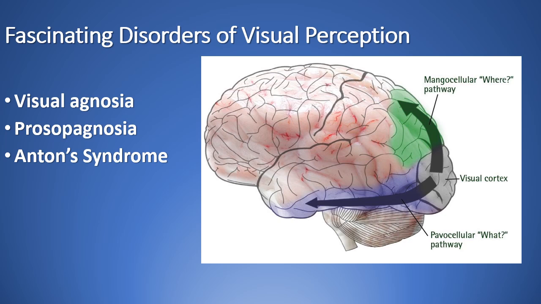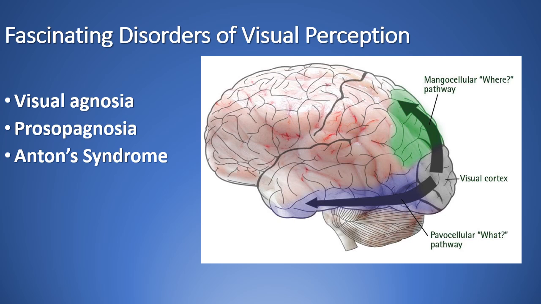Anton syndrome. I've had a couple patients with Anton syndrome actually. This is where they think they can see, but they can't. So my most memorable case of this was during my postdoc.